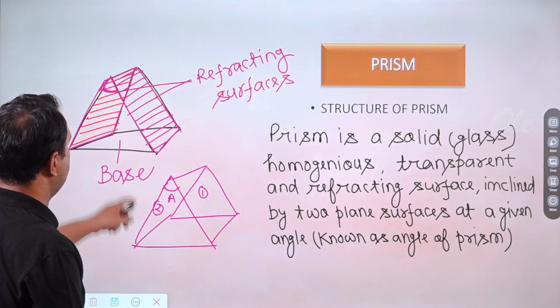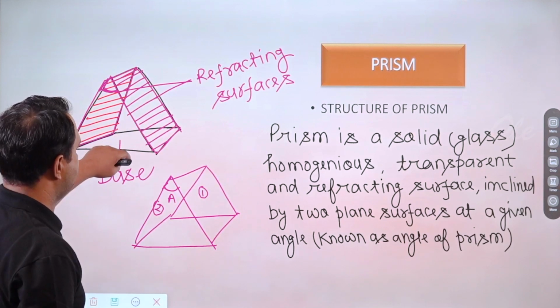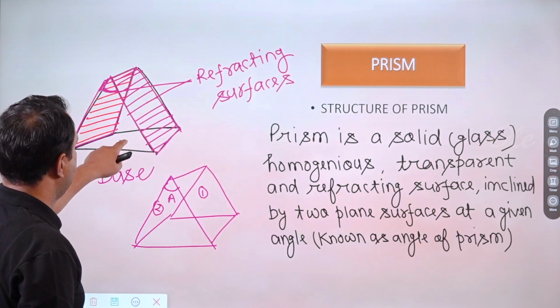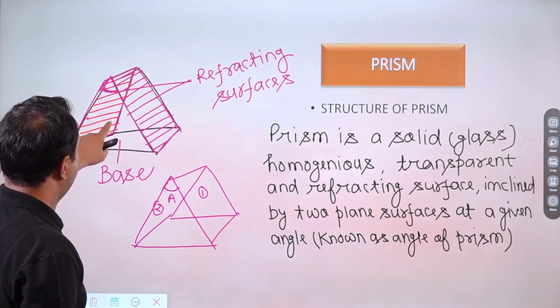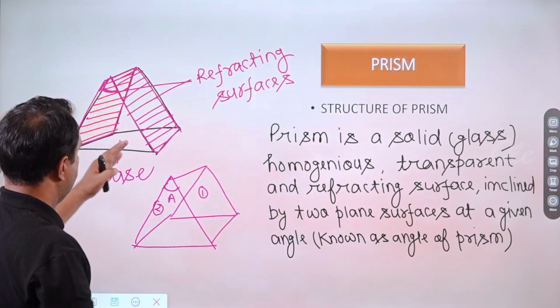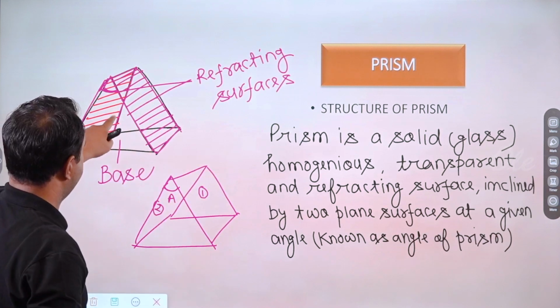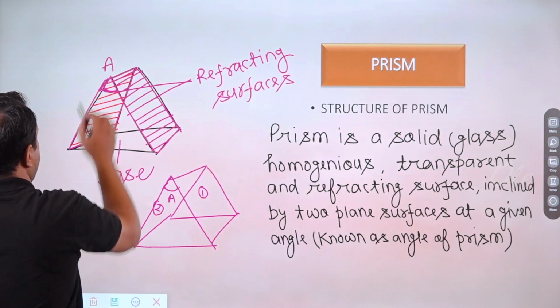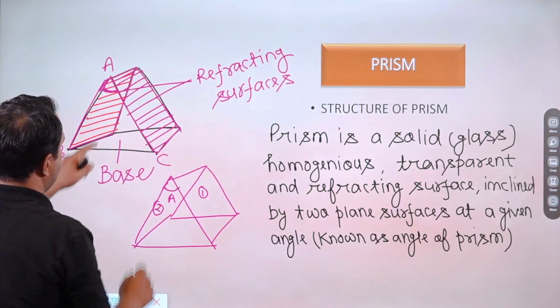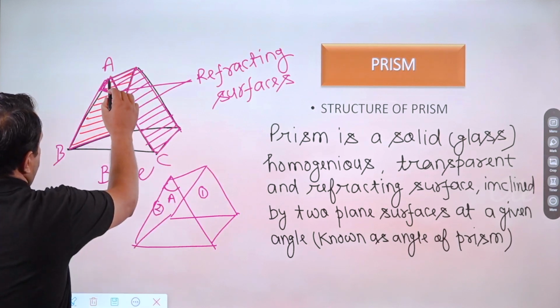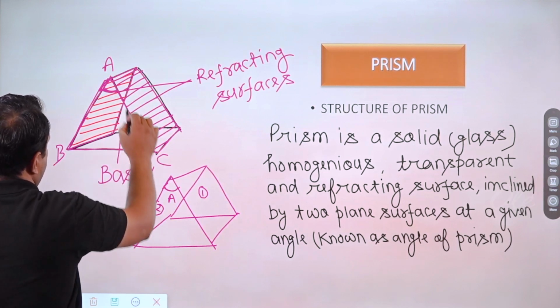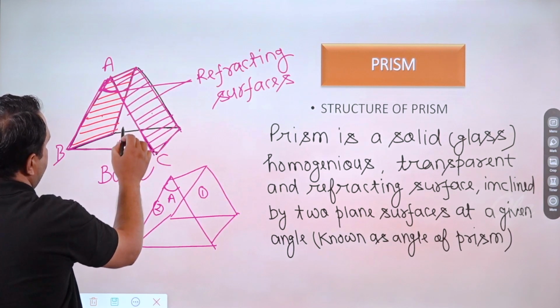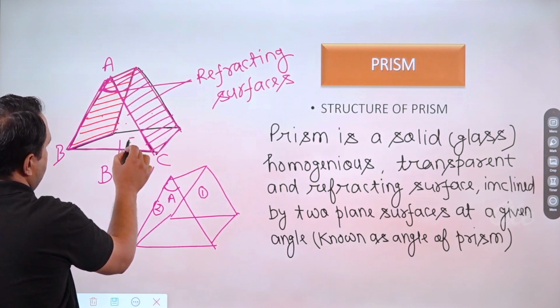So in total there are 5 surfaces: 1, 2, 3, 4, like this. This one is the first in front, suppose A, B, C. So this one is 1, 2, 3, 4 and 5, right?